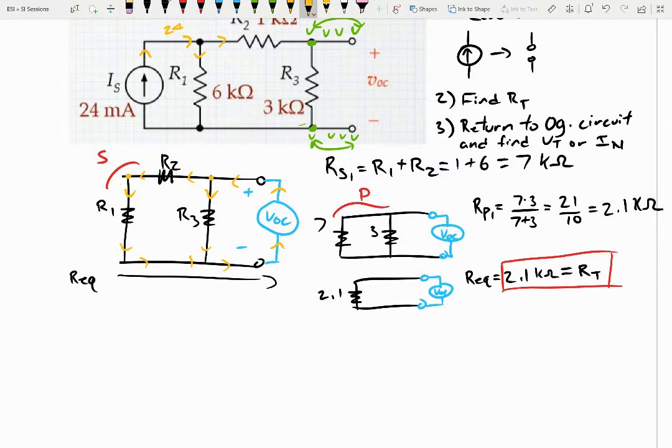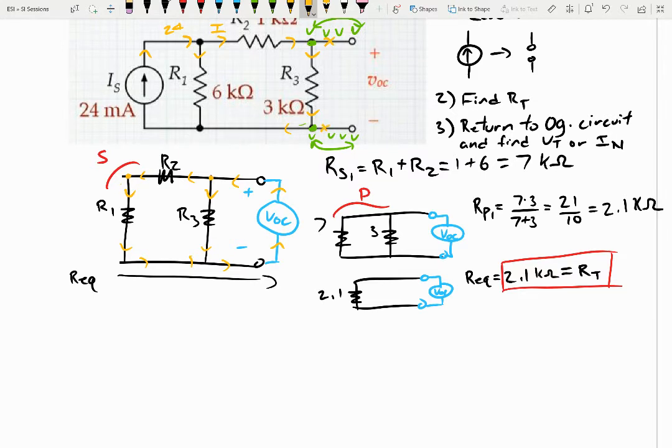So if we can find this current, the current that goes through here will be the same. The current that goes through there, goes through there, and goes through there. None goes down there, none goes down there.